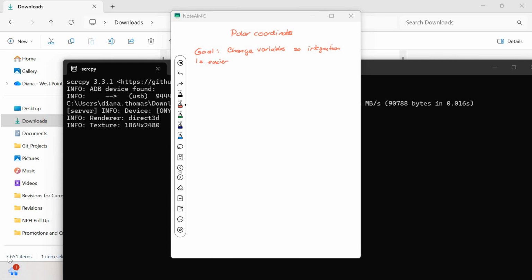That's the point. So the problem that you're given, your f of x, y, I made it up, so I'm giving you, over area, and it's the first quadrant integral.